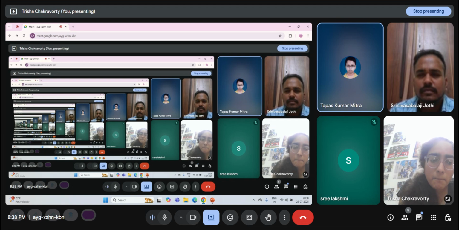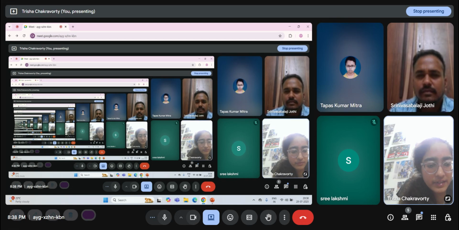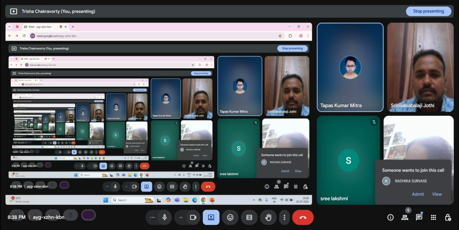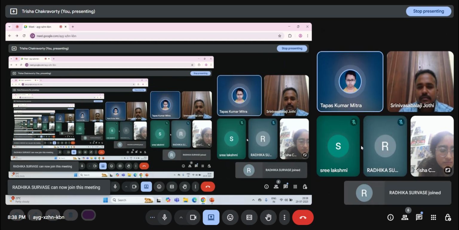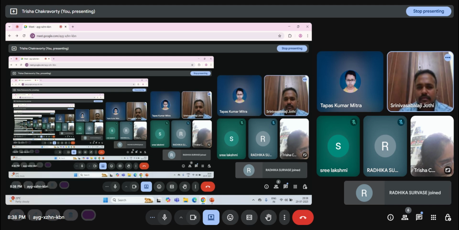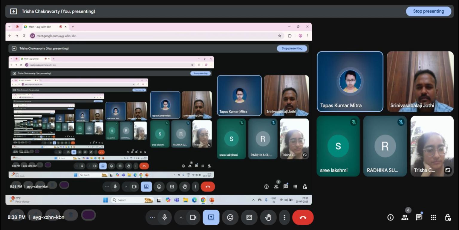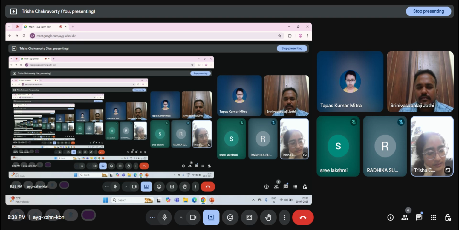So the yield strength corresponds to 0.002 strain. Is it? Yes, yes. Okay.